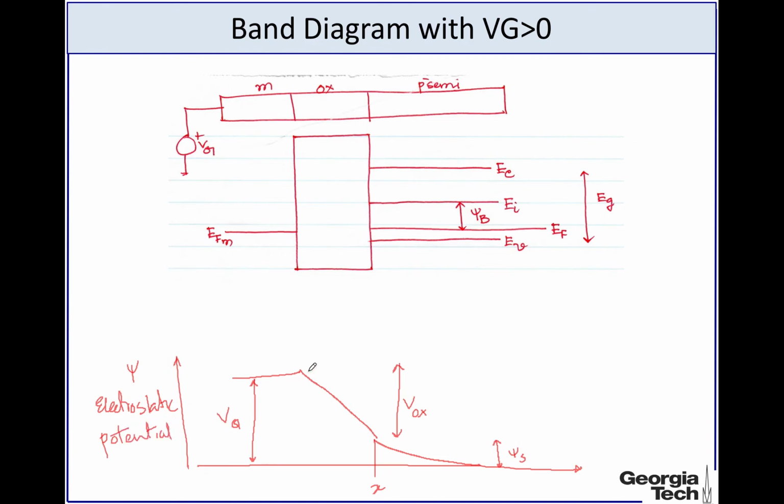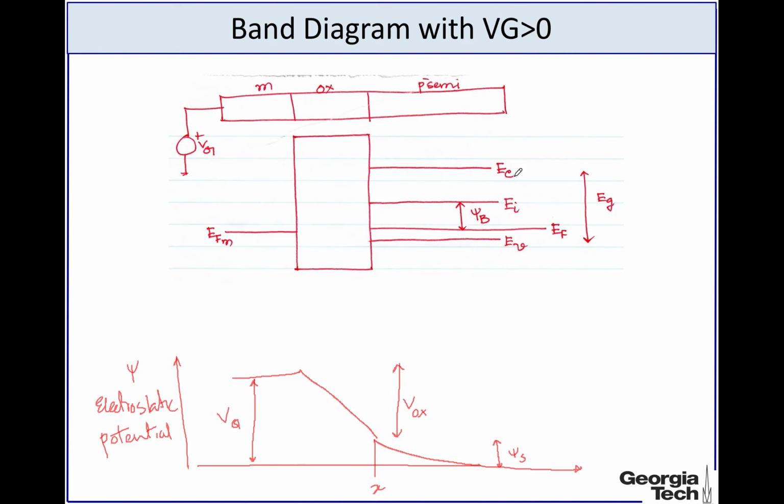Alright, now once we know the electrostatic potential, it's very easy to calculate the band diagram for that voltage. What we need to do is simply subtract Q psi(x) from each of these energy values.